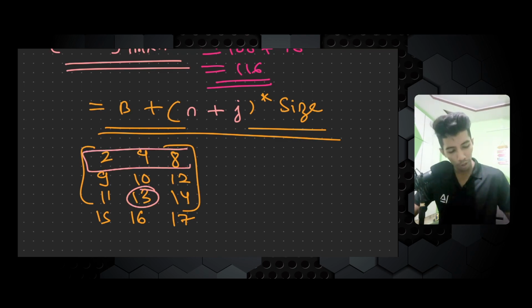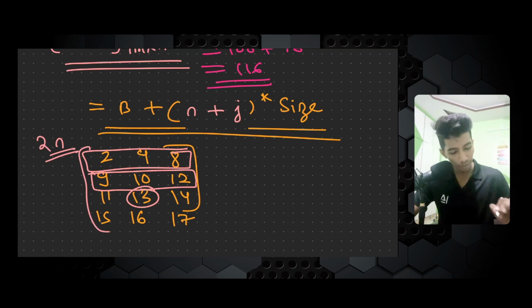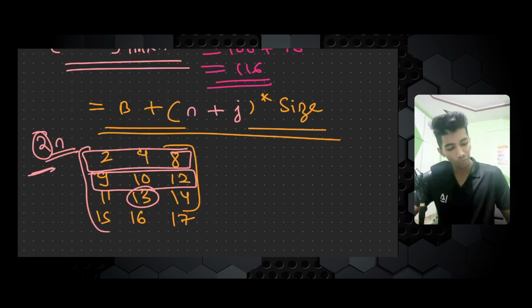Now this will be your columns, so n will be your common column. There are now two particular cases, so 2n will be there. What is this 2 actually? This 2 is nothing but your I.